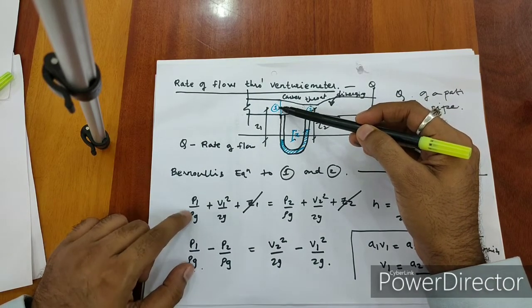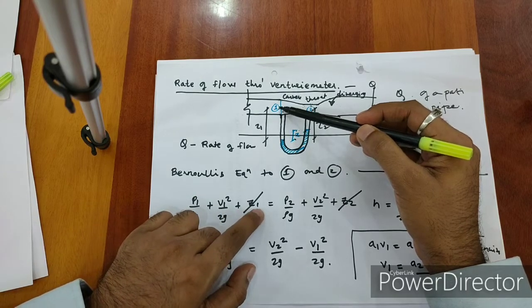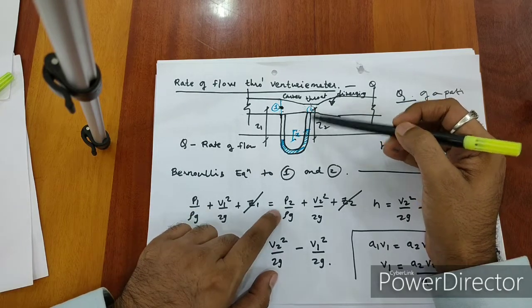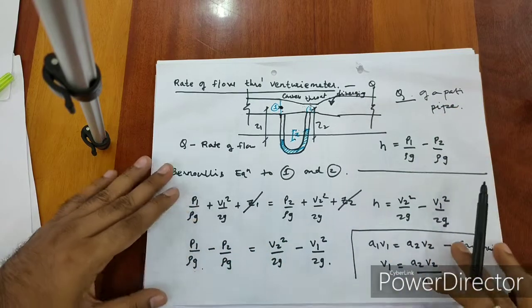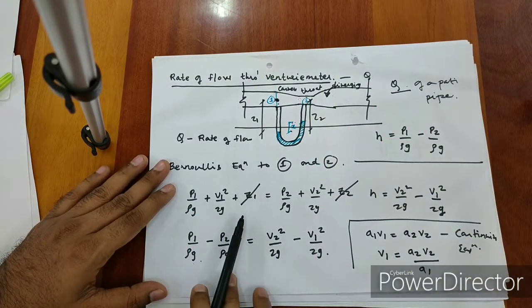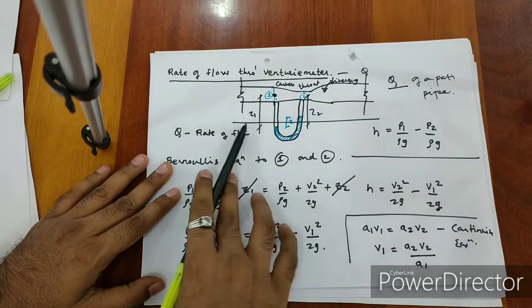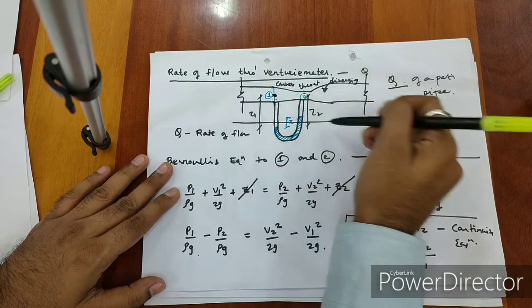Total energy at section 1, P1 by rho g plus V1 square by 2g plus Z1, is equal to total energy at section 2, which is P2 by rho g plus V2 square by 2g plus Z2. Now we are saying here that Z1 is equal to Z2. Z1 is the distance of point 1 from the datum, and Z2 is the distance of point 2 from the datum.